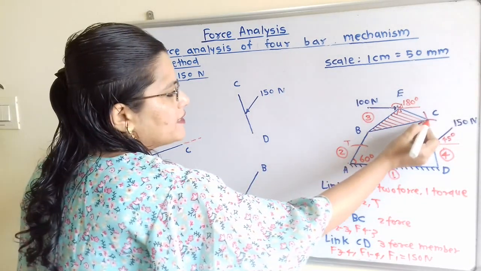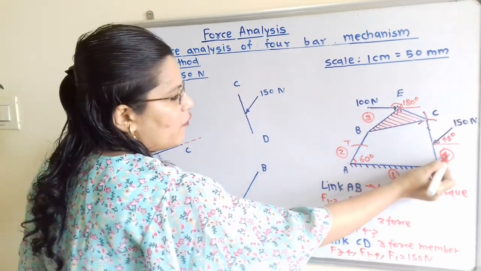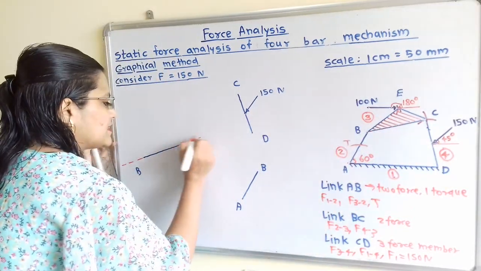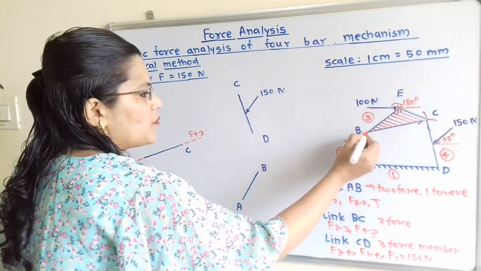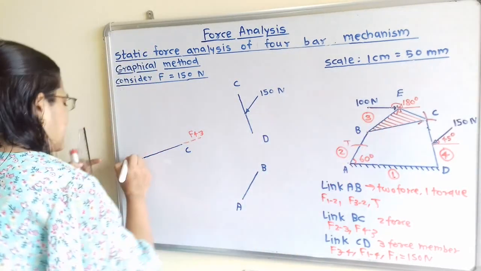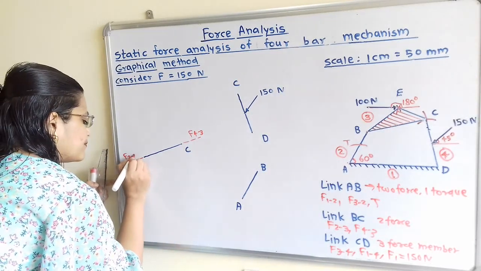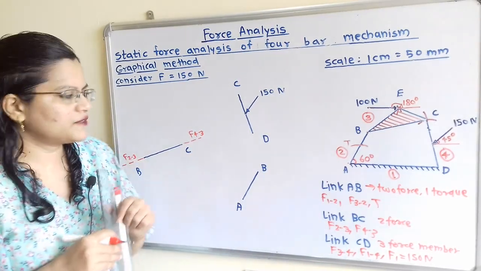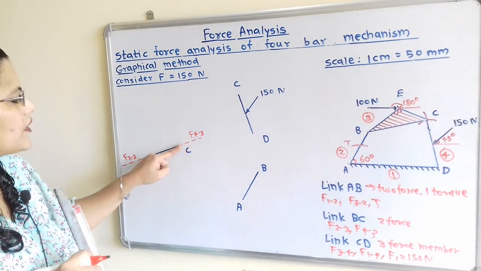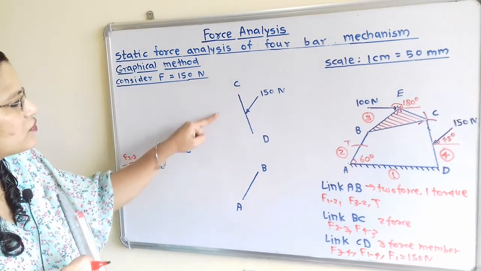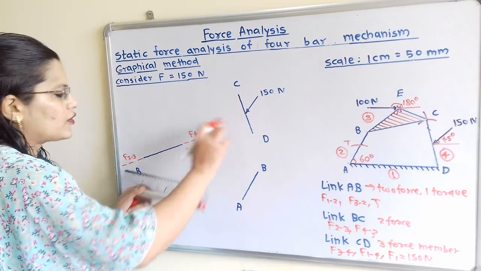Now through this point C, which force is applied? F of 4 to 3. So this is the line of action of force F of 4 to 3. Now through this point B there is F of 2 to 3, that this force is getting applied. Now if we observe, through this point C, the same line of action of force we have to show for this link CD.